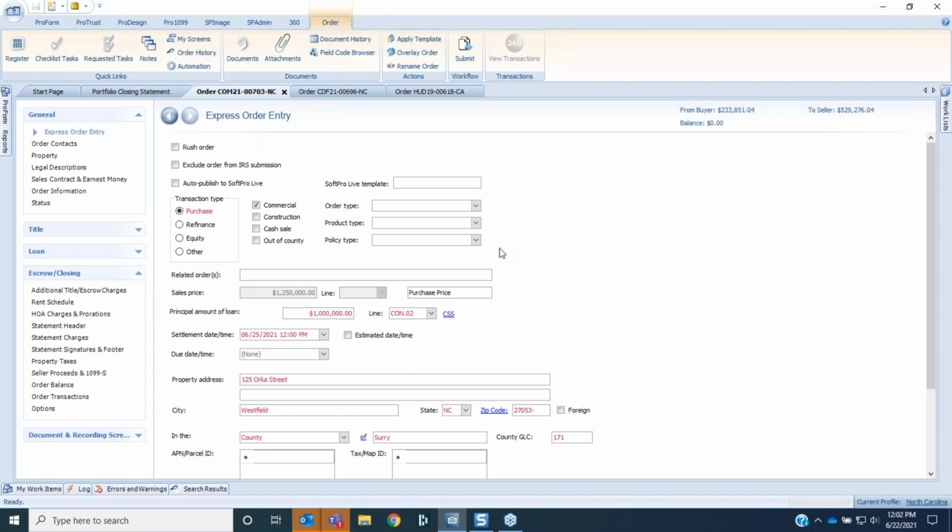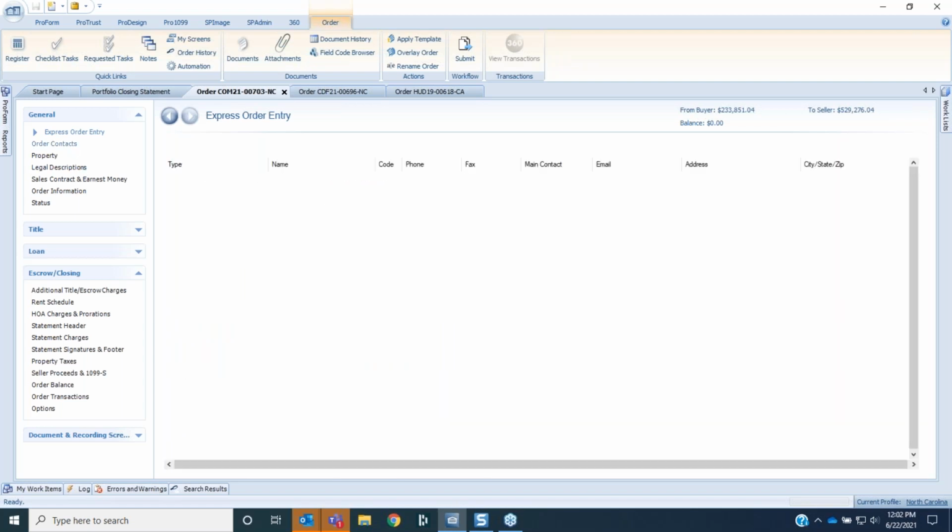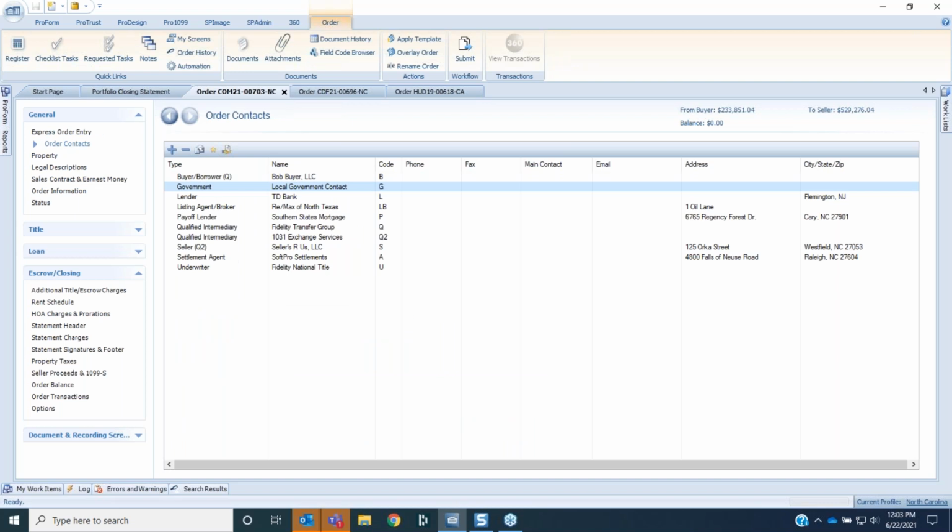So where I'm going to begin on this commercial order is in my order contact screen. One of the first things we try to point out on a 1031 exchange, outside of who our buyer is and who our sellers are, is who is the qualified intermediary that is going to represent either the buyer or the seller, or sometimes they are both. Sometimes it's a 1031 exchange coming in and going out on the same transaction.